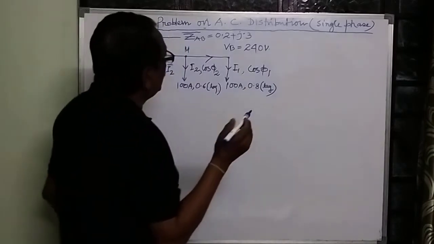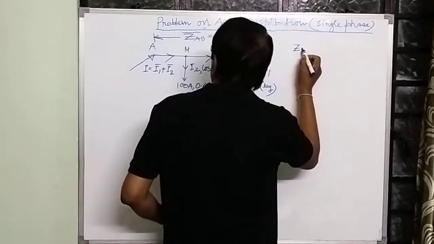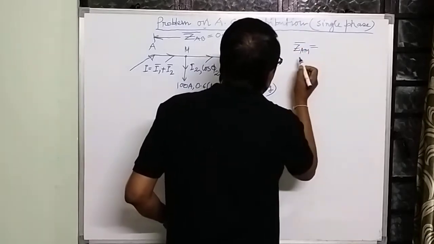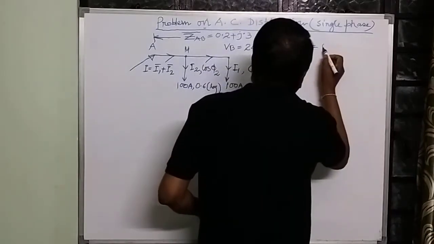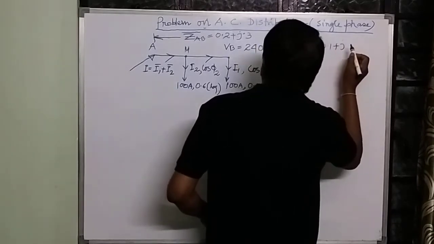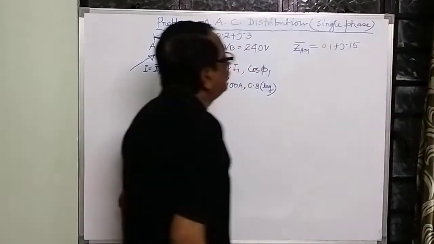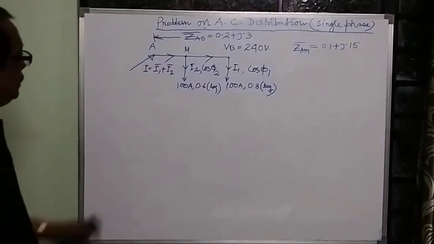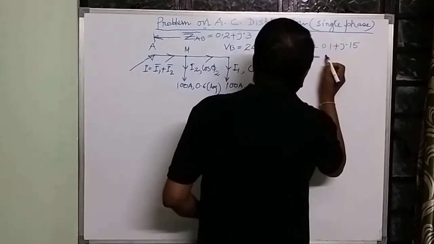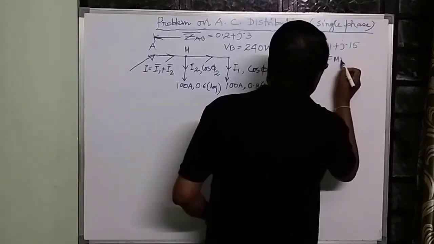At first, we write ZAM equals (0.1 plus j0.15), that is divided by 2. This also equals ZMB section equal.